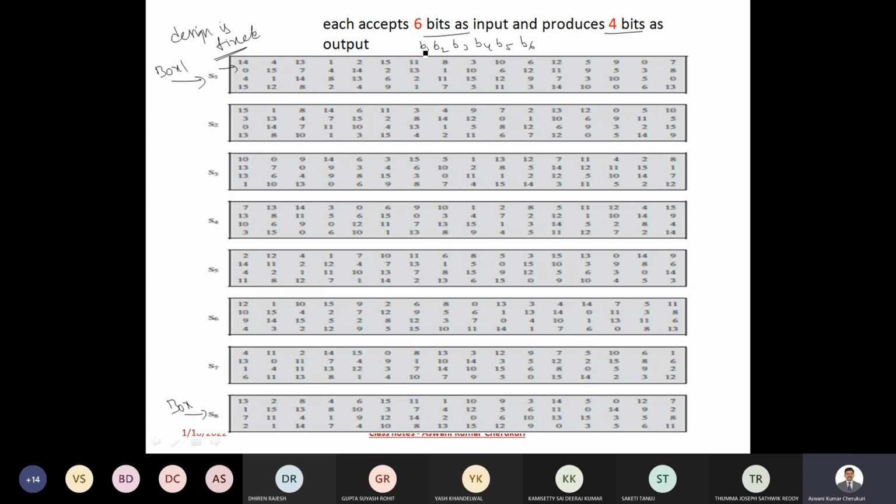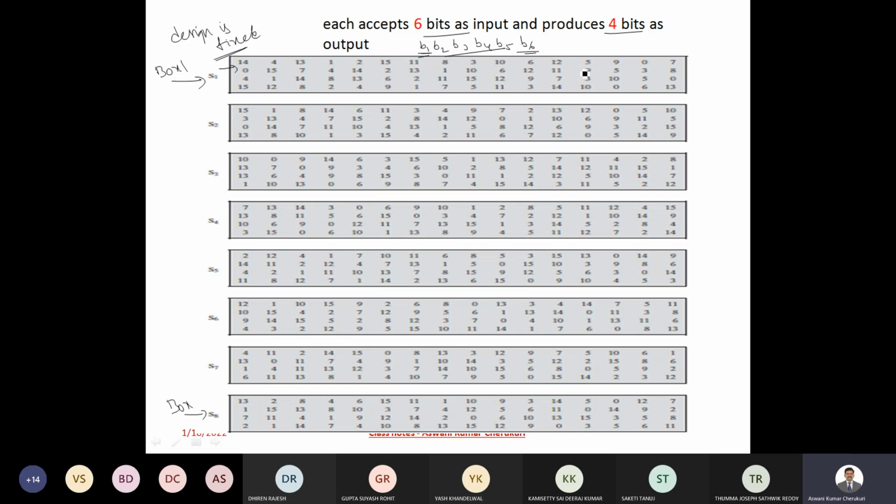The row is decided by your first and last bits. So B1, B6 decide which row, and B2 to B5 decide which column. Then you go to the particular block or element and pick the element.